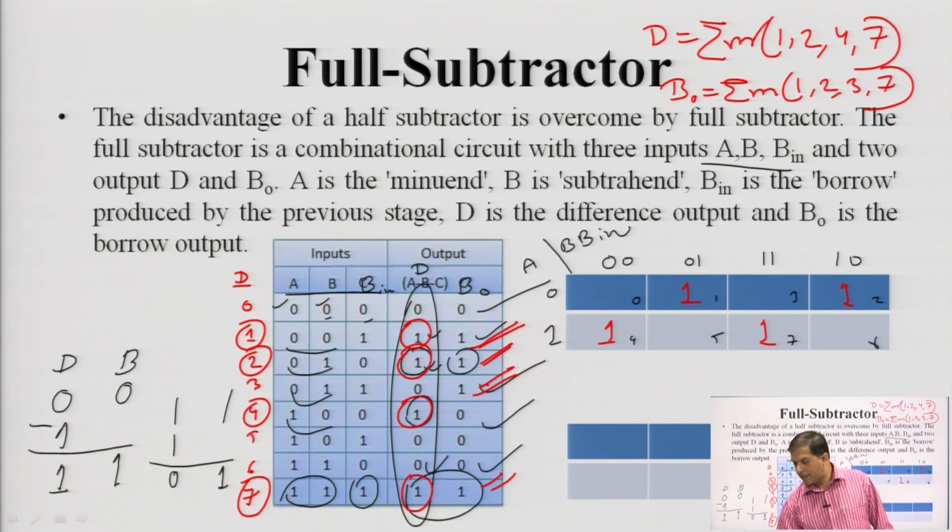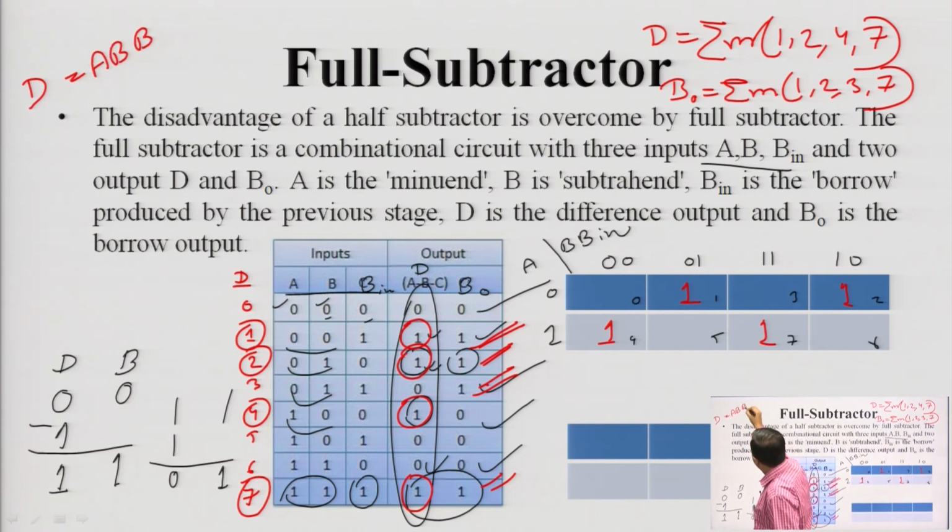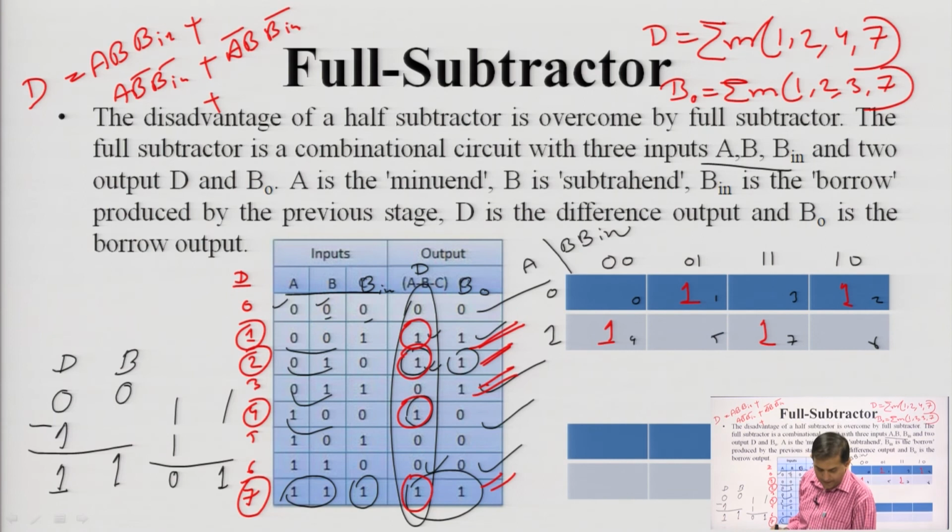It will come as D equals A B B in plus A B bar B in bar plus A bar B B in bar plus A bar B bar B in.